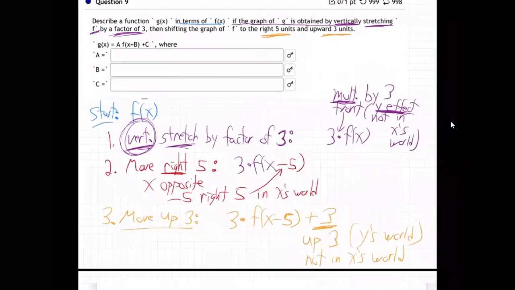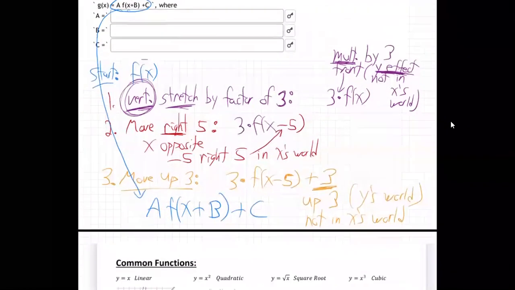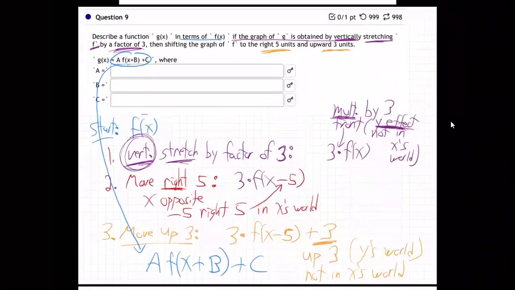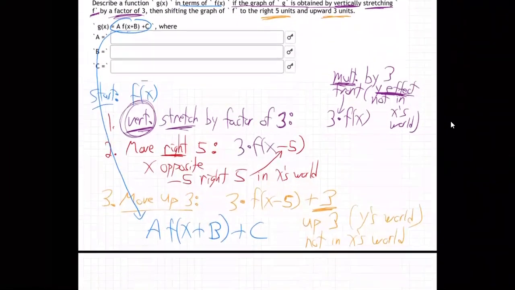So basically, how do we answer this question? Well, now we'll get to their lingo. See what their lingo is? They're basically saying your function is a f of x plus b, plus c. So they're asking you, okay, what's the a, b, and c?